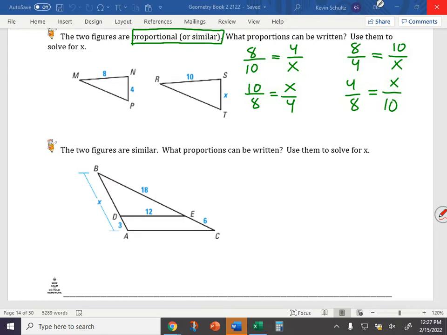In each of these, you always end up with 8 times x equals 4 times 10. That's why they're all eligible proportions, because the cross products are going to be the same for all of them. You get 8x equals 40, and ultimately x equals 5.